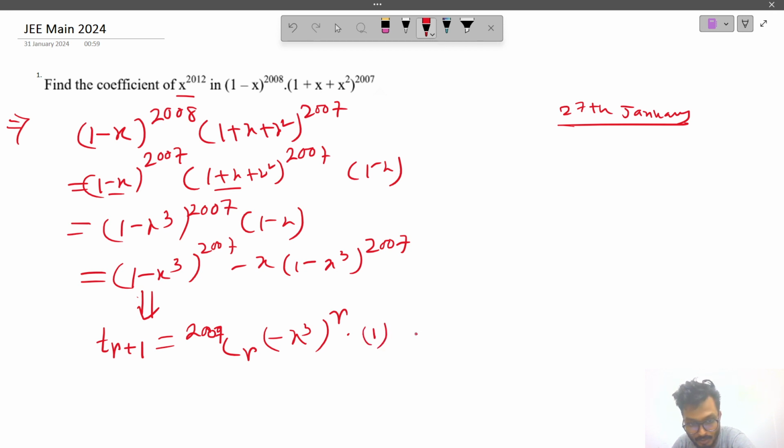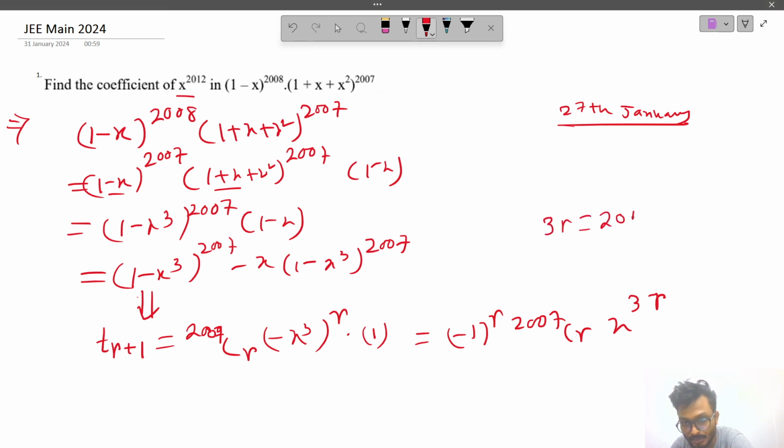This will be (minus 1) to the power r, 2007 C r, x to the power 3r. Now we want the coefficient of x to the power 2012, so this 3r should be 2012. So r equals 2012 by 3.